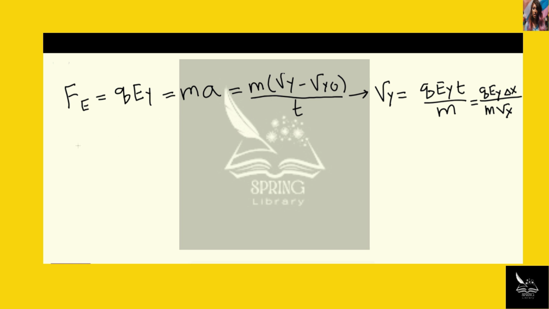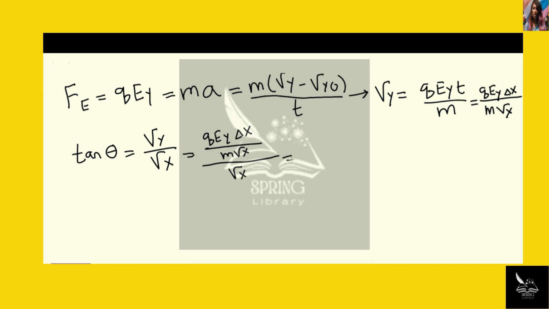So now we can arrive at an expression for the angle by using the tangent of theta, relating it to the ratio of the y and x velocity of these electrons. We can replace the y velocity with q electric field in the y direction, delta x, the expression that we derived earlier. And of course, this will all be over our Vx.